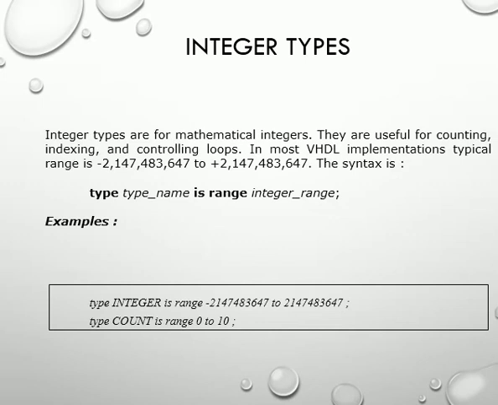Whenever we need to control the loops, these values are important and useful. In most VHDL implementations, the typical range of these integers is from -2,147,483,647. Can anybody tell me what is this range?